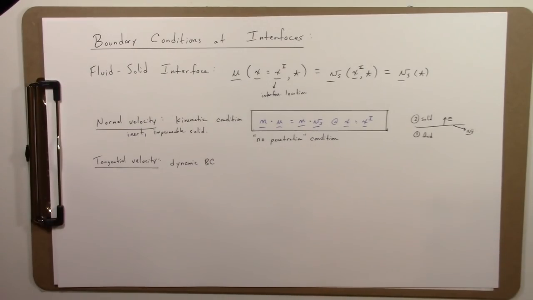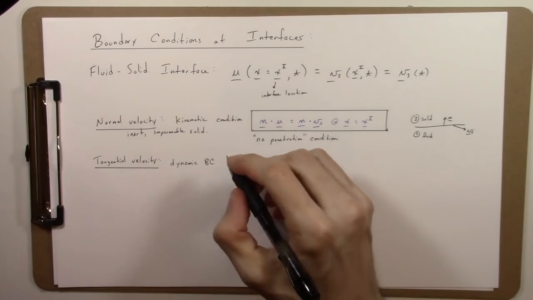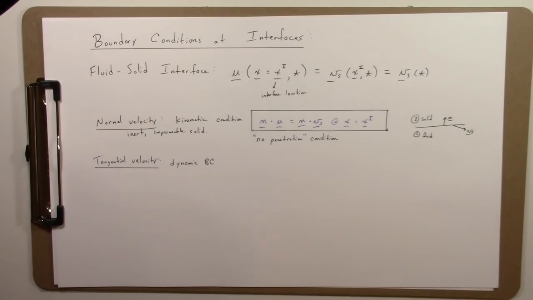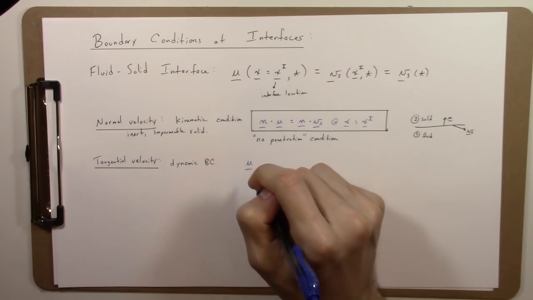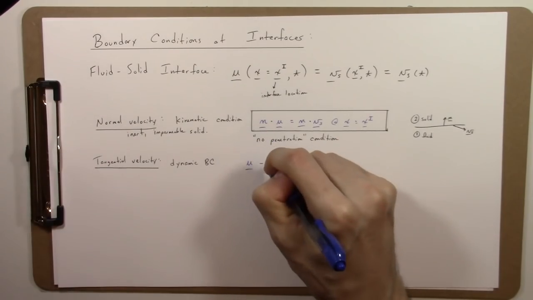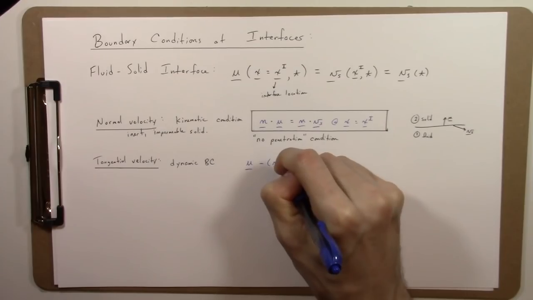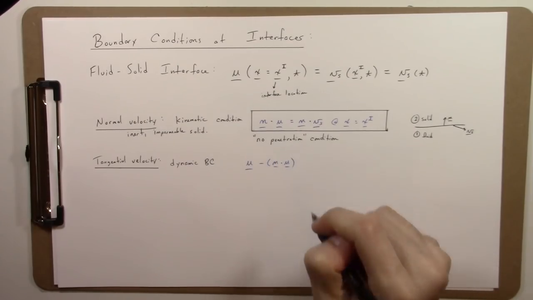We can write this by taking the velocity u and subtracting out the normal component, minus n dotted with u.